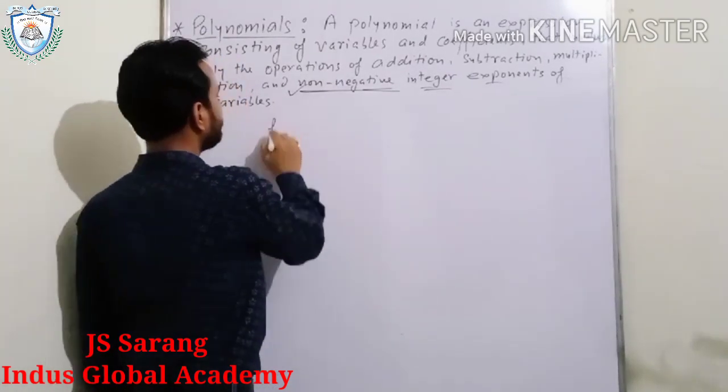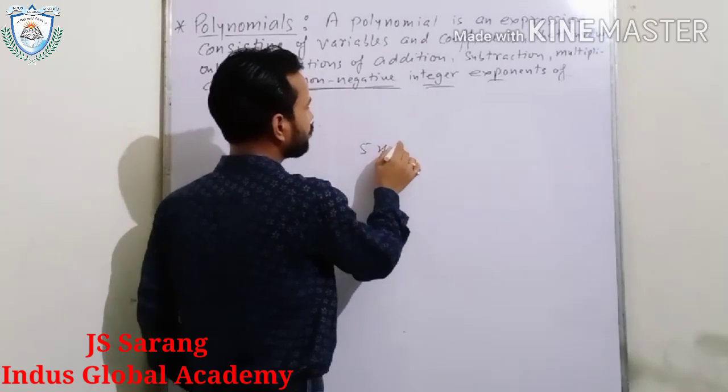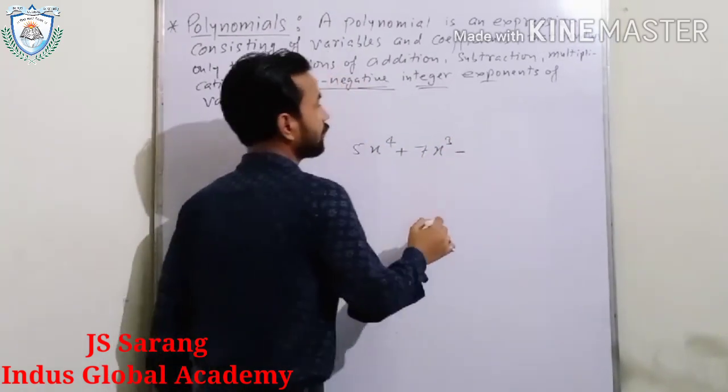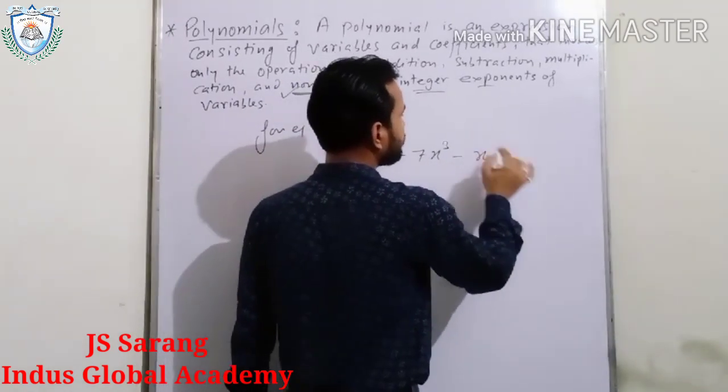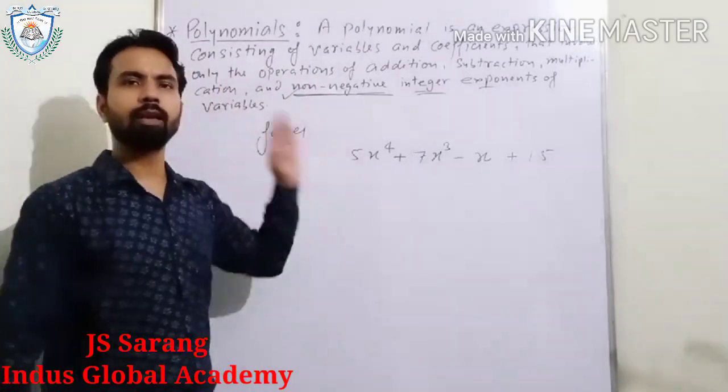For example, 5x to the power 4 plus 7x cube minus x plus 15. This is a polynomial.